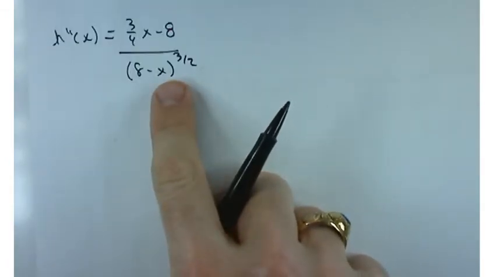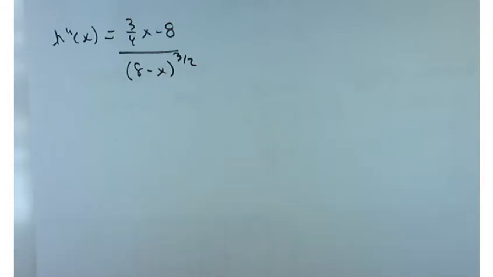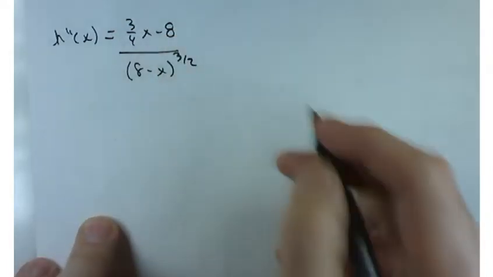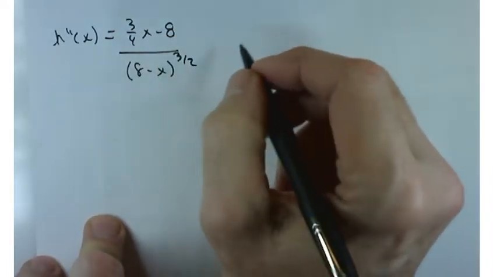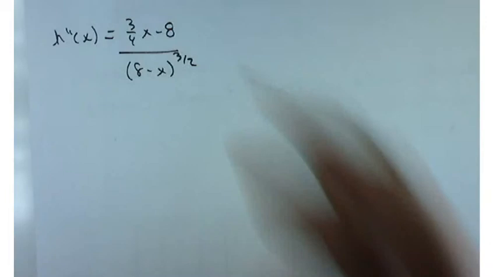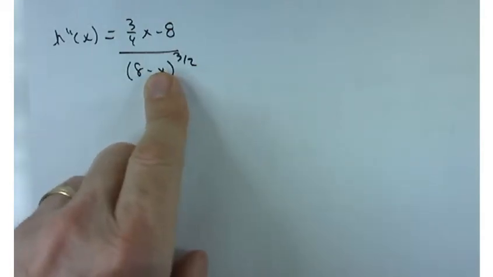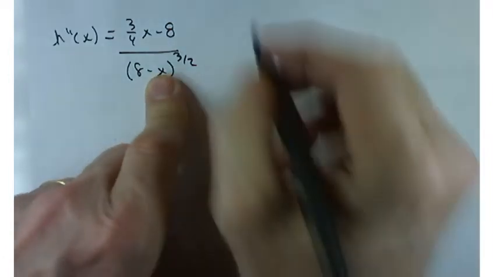We know that. But more importantly, where's the root of the numerator? So if I want to figure out where this is equal to 0, I know where it's undefined. Where is it equal to 0? Where could I have an inflection point?